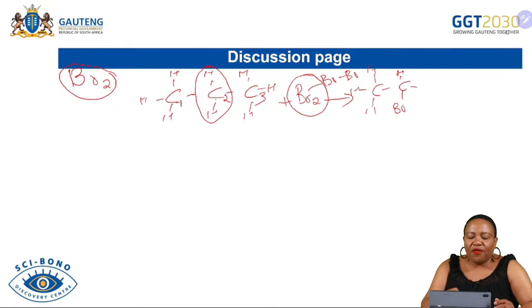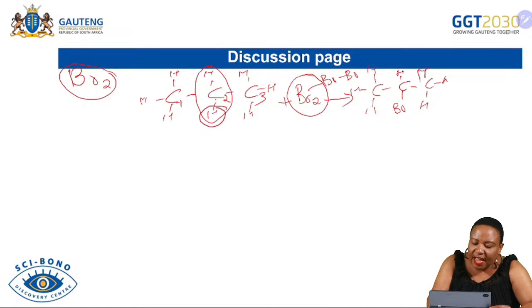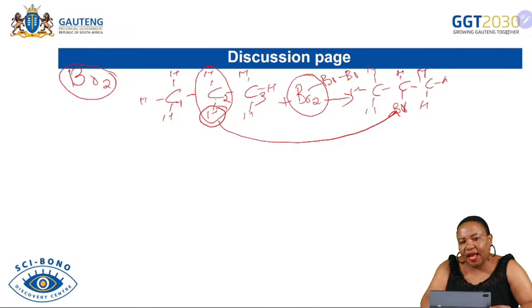If we have substituted already in a compound, we don't substitute twice. Therefore, this hydrogen here is substituted with the bromine on the other side.